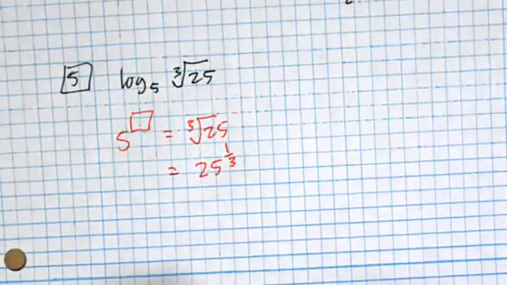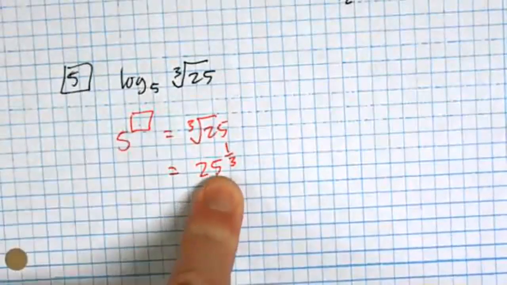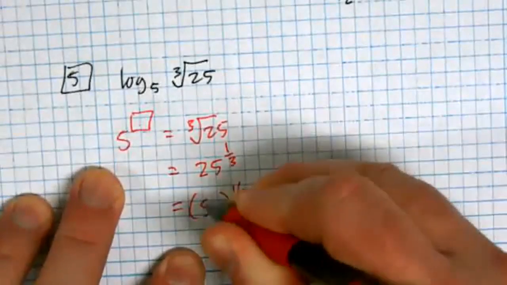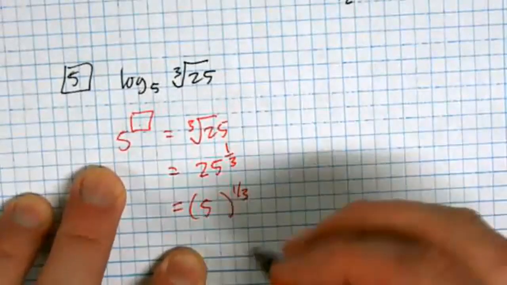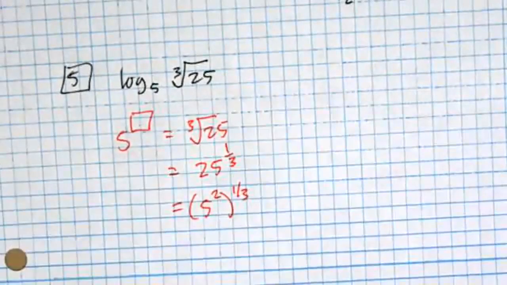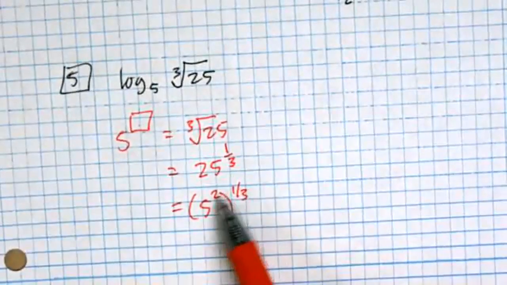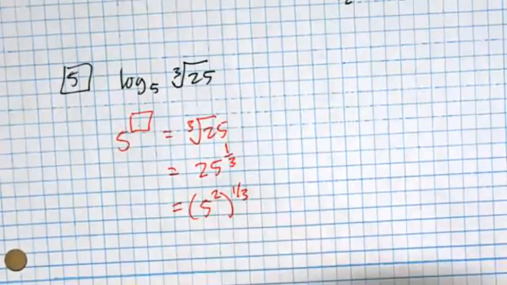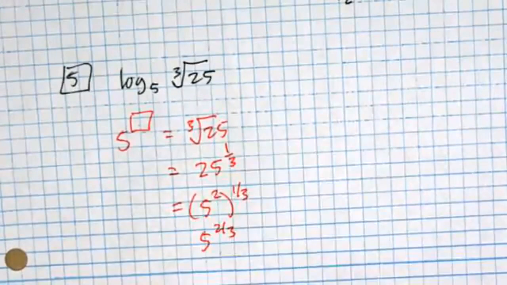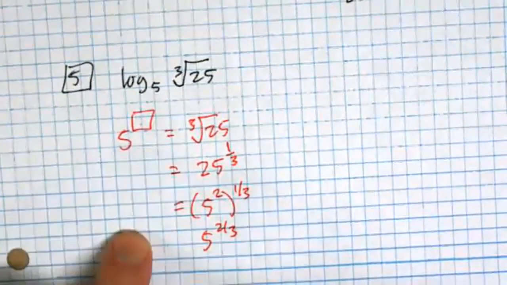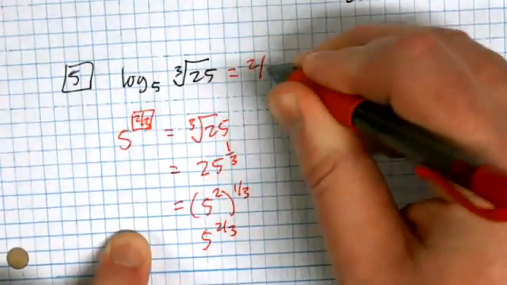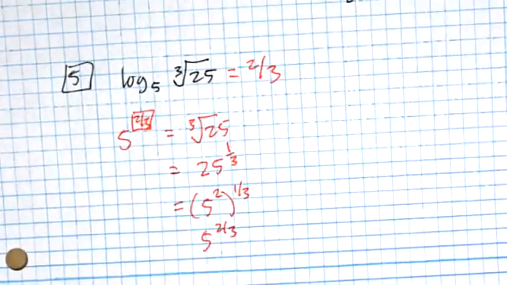And if I'm trying to write it as 5 to a power, I think I can change that 25 into 5 to the 2nd power, agreed? And then I know my rules of exponents, power to a power, we're going to multiply those together. So that's 5 to the 2/3. So my exponent is 2/3, which means my answer is 2/3. So that's one way you could show work for that.